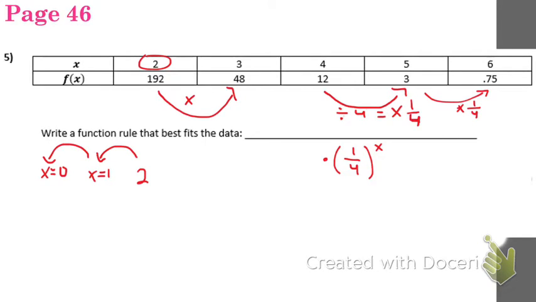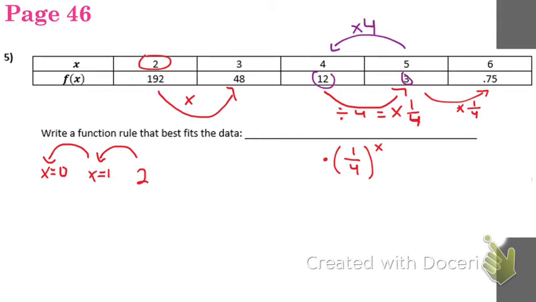So if we're looking at our table, and let's say we need to go back from 5 to 4. If we work our way backwards in the table, what do we multiply our 3 by to get to 12? 4. So to work backwards in this one, we multiply by 4. We do the opposite of what our multiplier is.